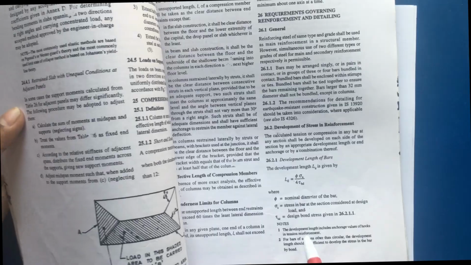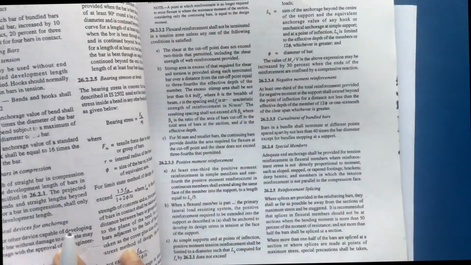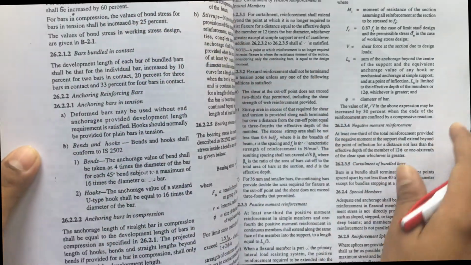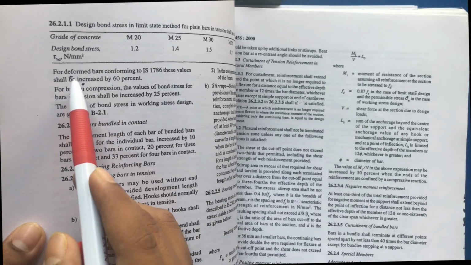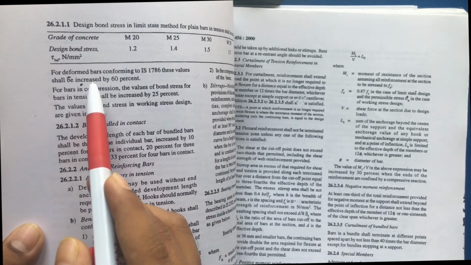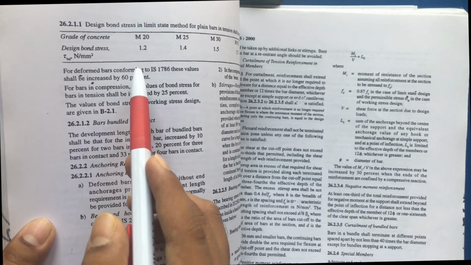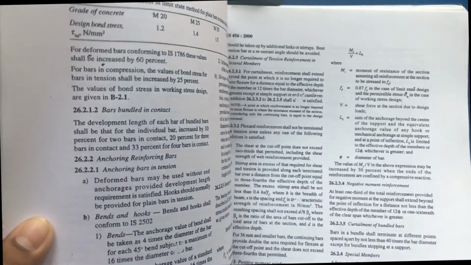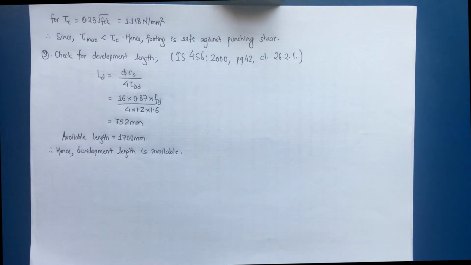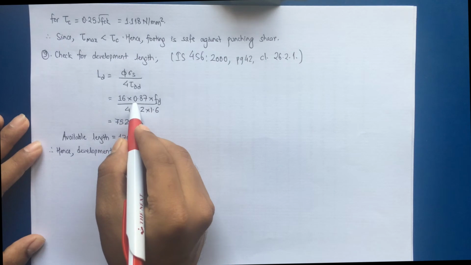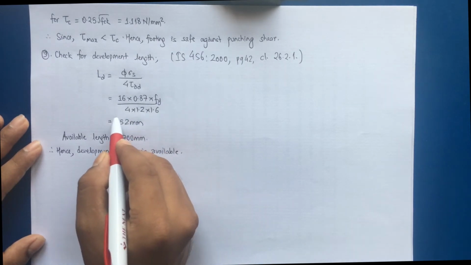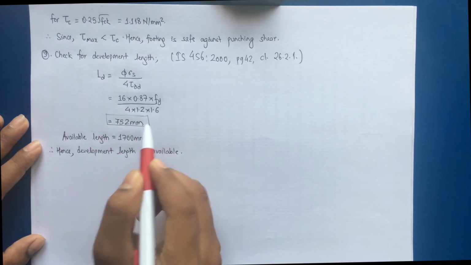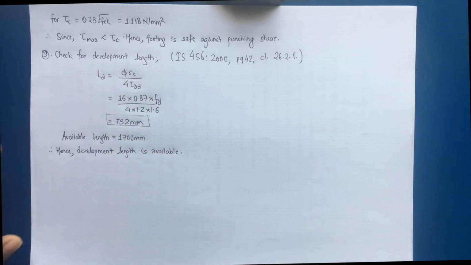Similarly tau BD is the design bond stress, and for M20 it is taken as 1.2, and for deformed bars this value shall be increased by 60%, so I'll multiply 1.2 by 1.6. So 16 into 0.87 Fy divided by 4 into 1.2 into 1.6, so this comes as 752 mm.